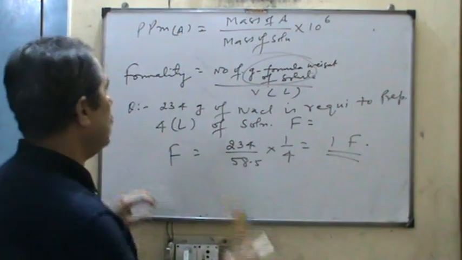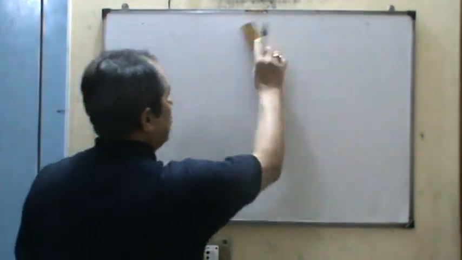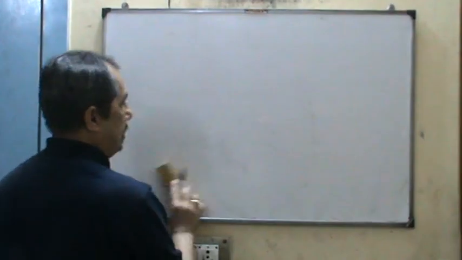In the next class we'll discuss normality, because if you discuss normality then you have to take the equivalent mass of substance, equivalent mass of atoms, ions, acid, base, salt. Till then, I hope you go through all these formulas and retain them, and you will implement this if you solve a good number of numericals which I will provide you from your textbook from time to time.